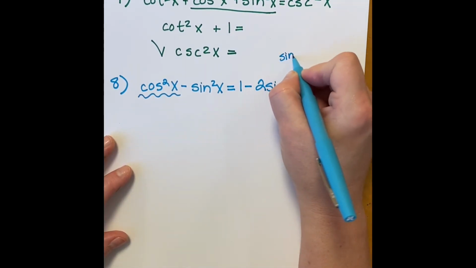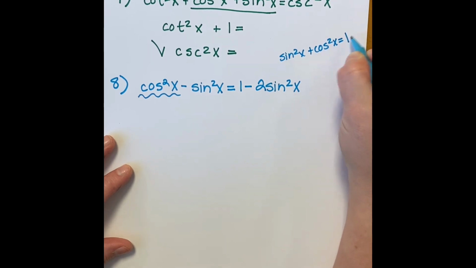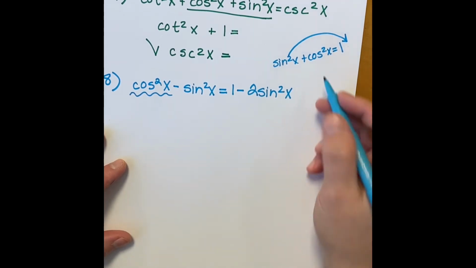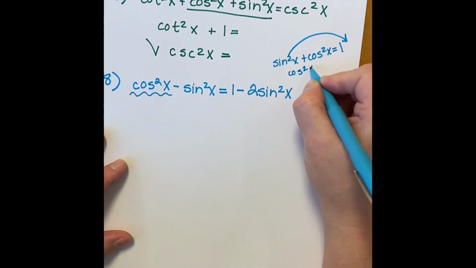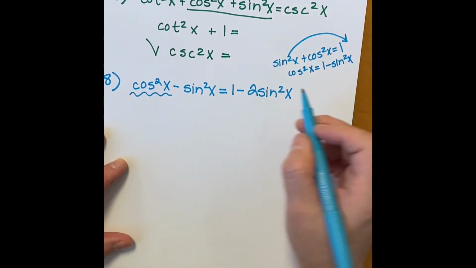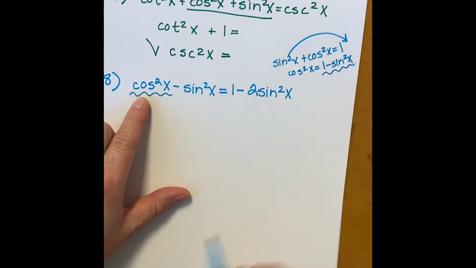If you've got sine squared plus cosine squared equals 1, if I want cosine squared by itself, I would move sine squared to the other side. So we have cosine squared is equal to 1 minus sine squared, right? So I'm going to take this cosine squared and replace it with this.